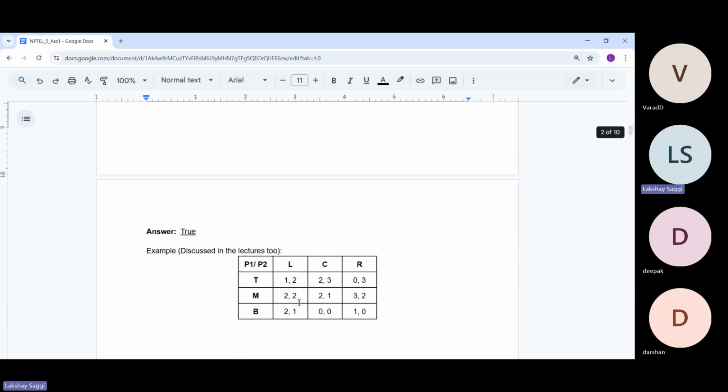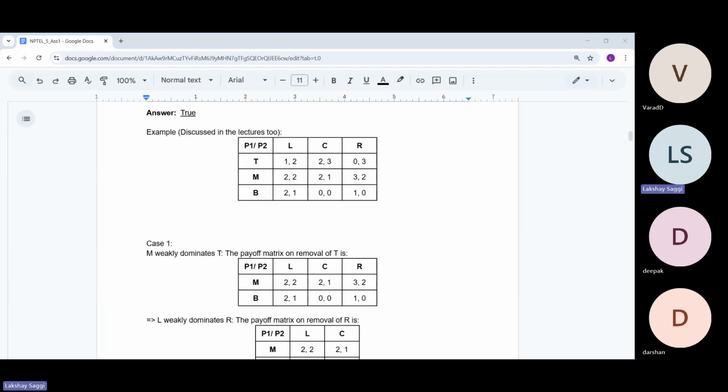Okay, so I hope it made sense. So is this clear now, Darshan, or should I try to explain it a bit more? Darshan, is case one clear to you now?